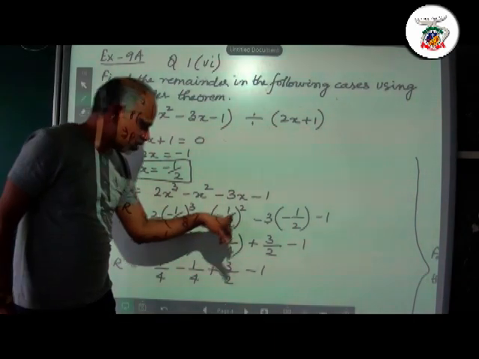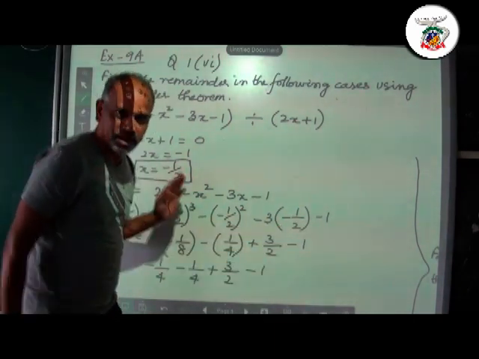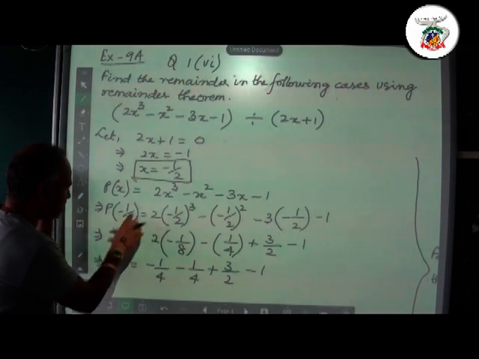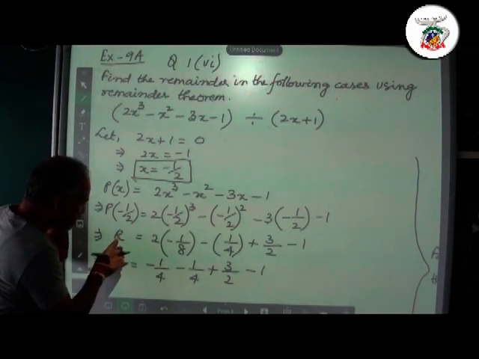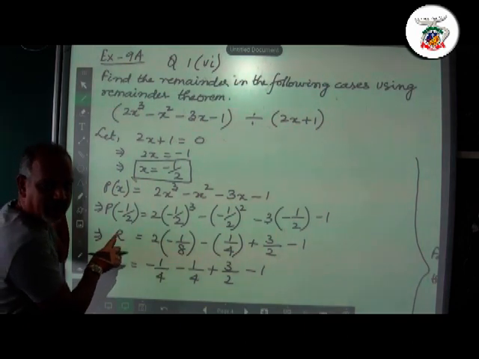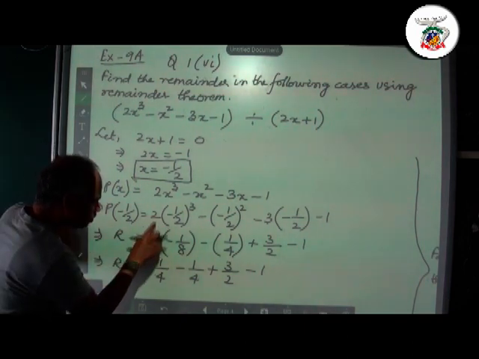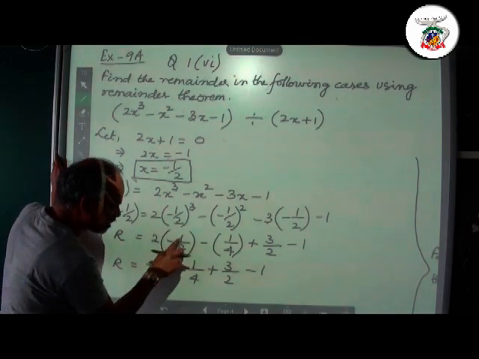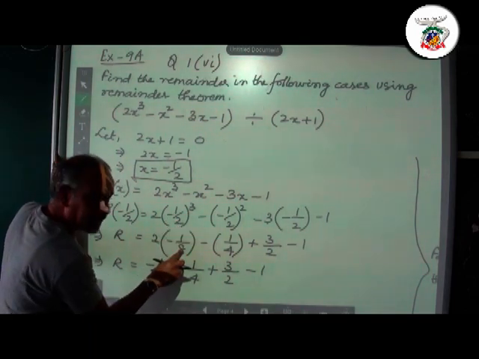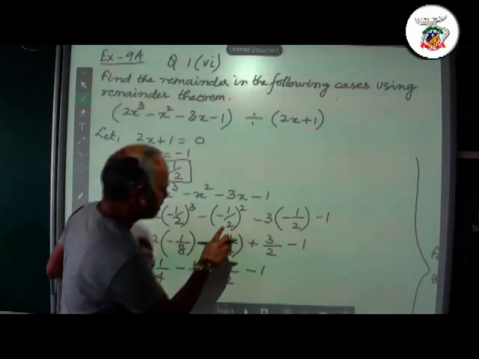First cube this, square it, and then simplify. As I said, when you put the value of x, whatever you get here is the remainder. I have written in short, r is equal to 2. If you cube minus 1, you will get minus 1. 2 cubed gives 8.